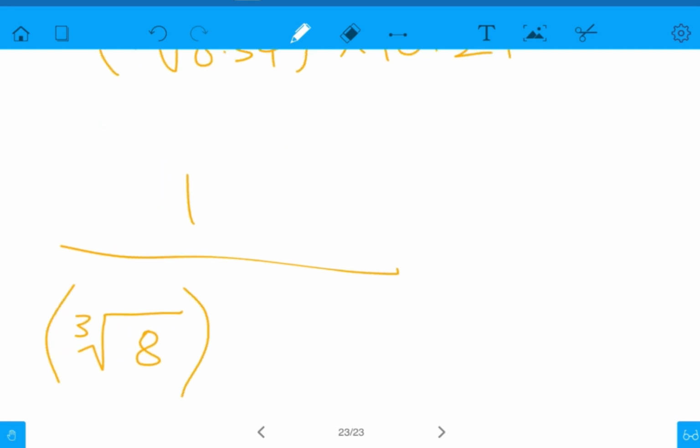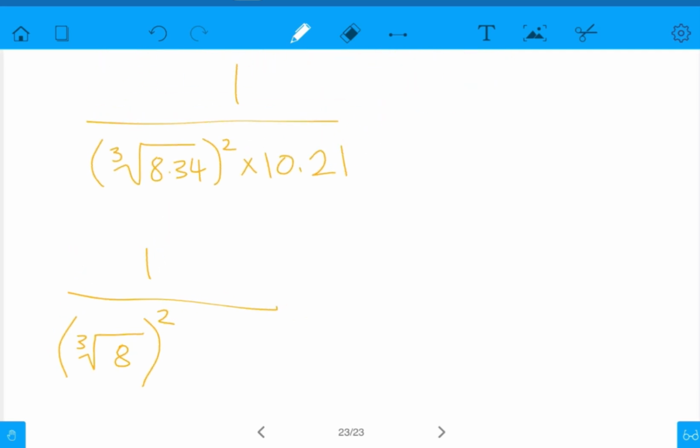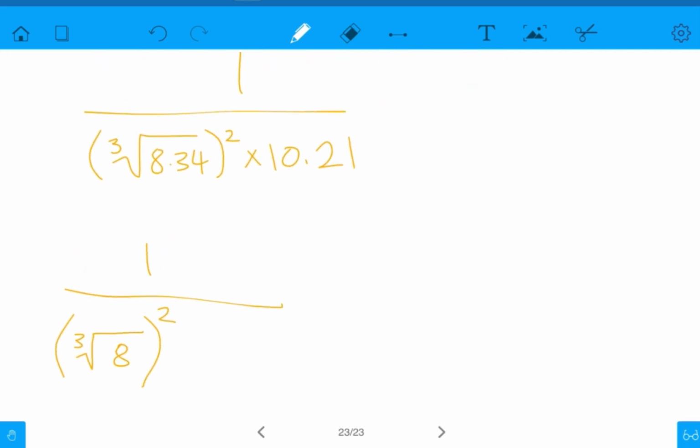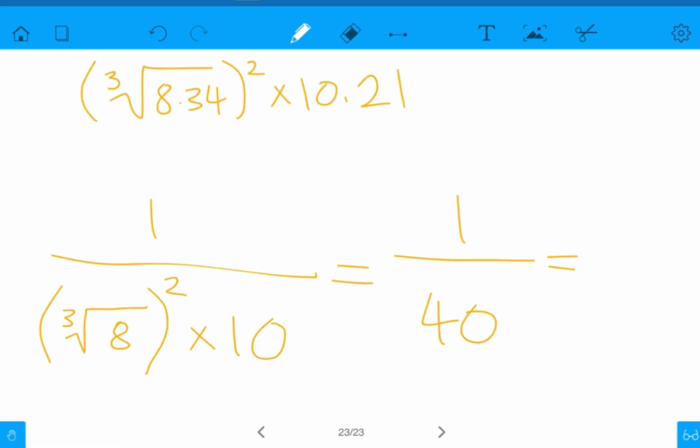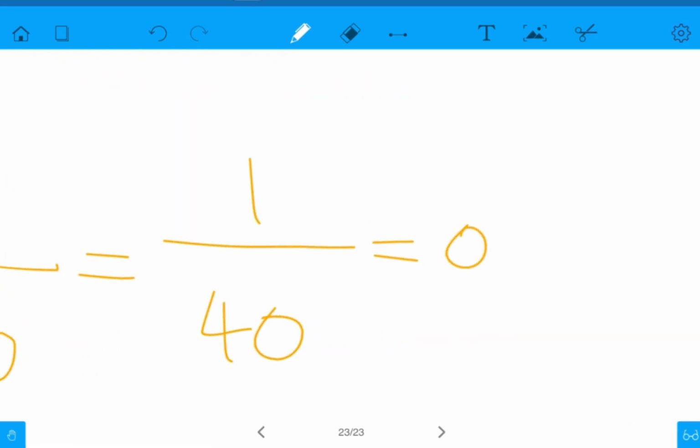So we'd round that to 8. And then the next decimal number, which is 10.21, when we round that to one significant figure, that would be 10. So when we do this calculation, that would be 1 over 40 is 0.025.